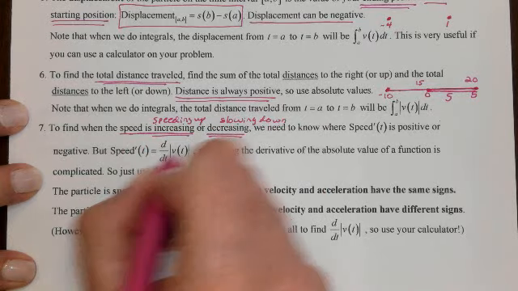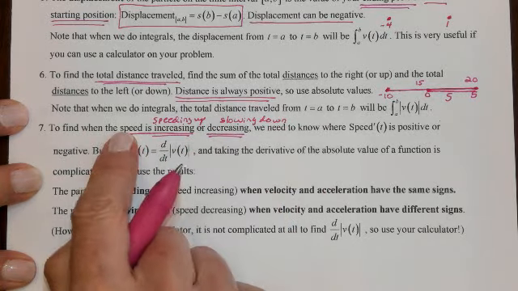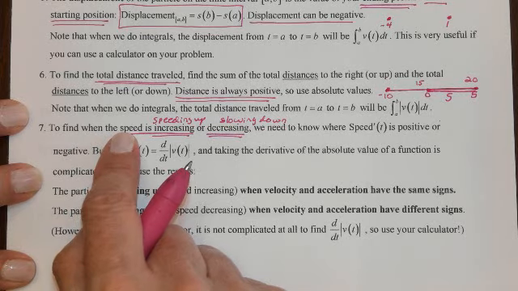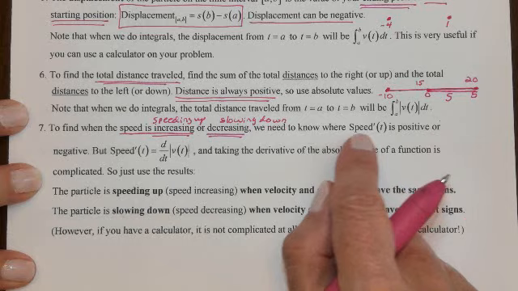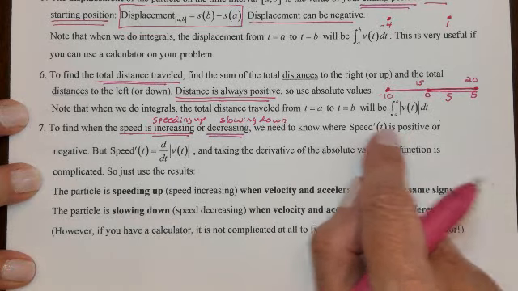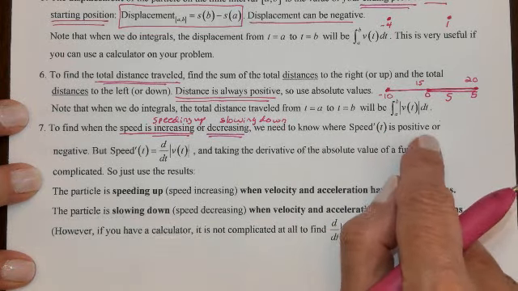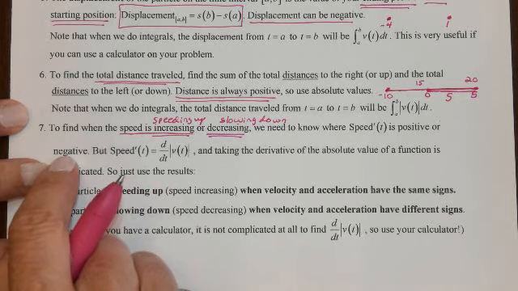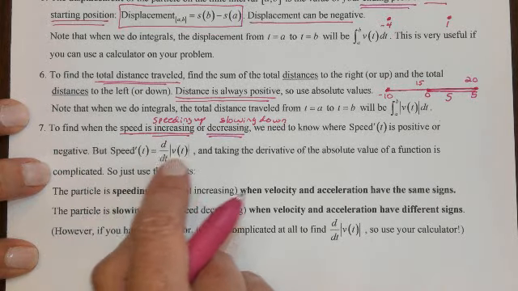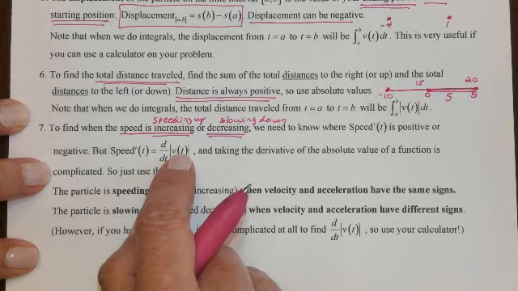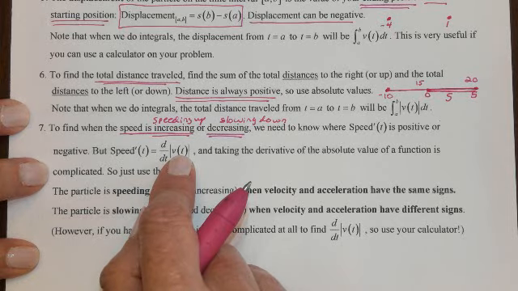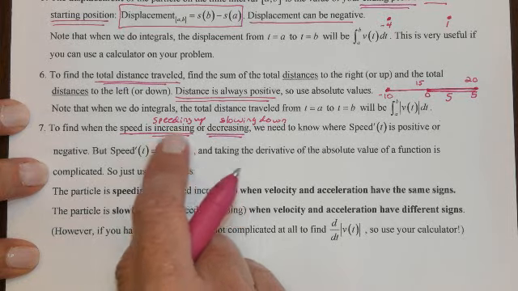Increasing, decreasing, any function. Take the derivative, do a sign chart, right? So we would need to know the derivative of speed and do a sign chart on it to see when is derivative of speed positive and when is derivative of speed negative. The bad thing is that finding the derivative of an absolute value of a complicated function can be really horrible, okay, without a calculator. If you have a calculator, that's fine, but without a calculator, this is not pleasant to do.